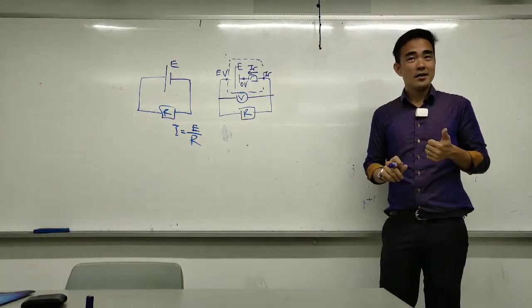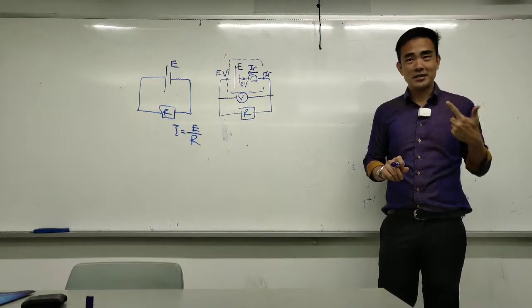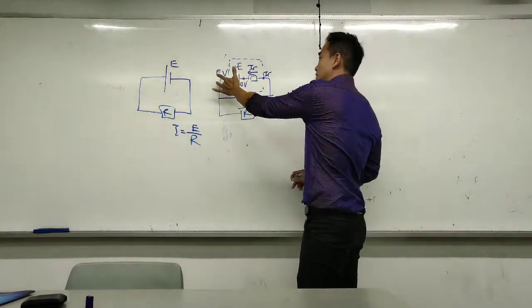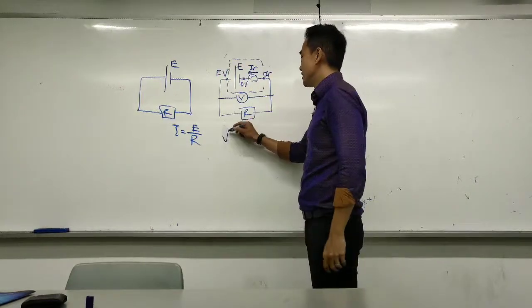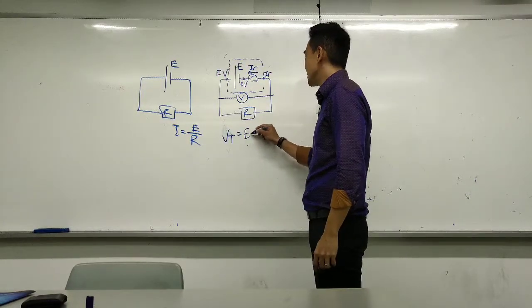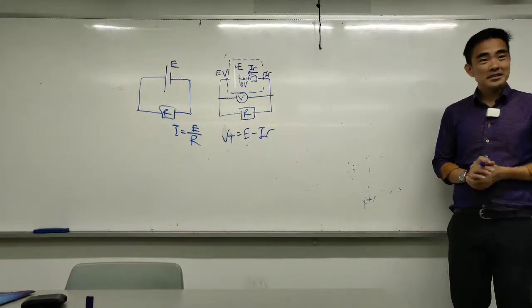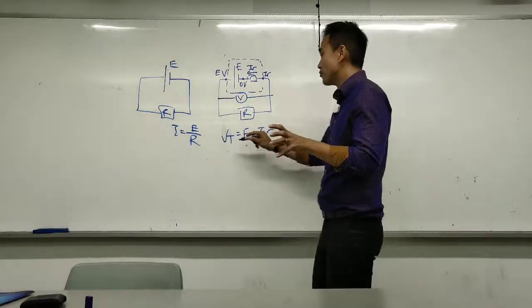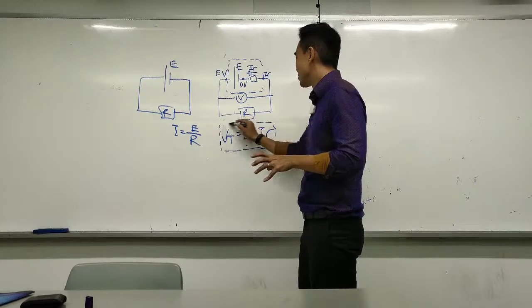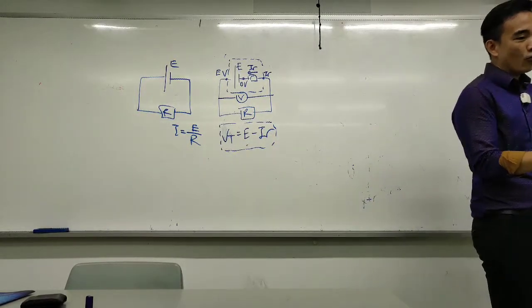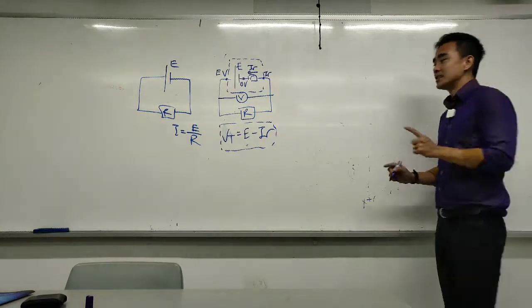E, higher than E, or lesser than E? Lesser, yes. In fact, the terminal potential difference V of the battery is E minus Ir. This is what the battery will give to whatever you connect it to. This is what the load will receive, which is obviously lesser than E.